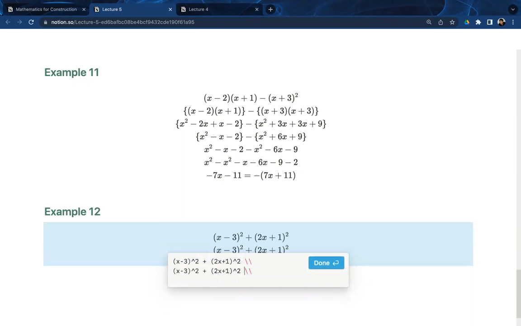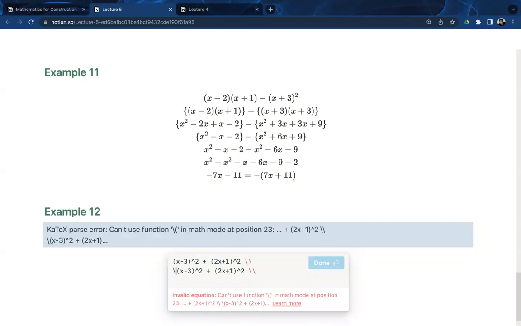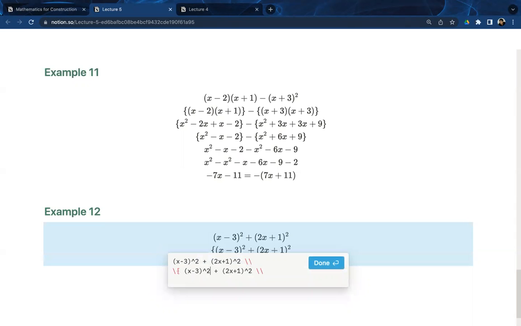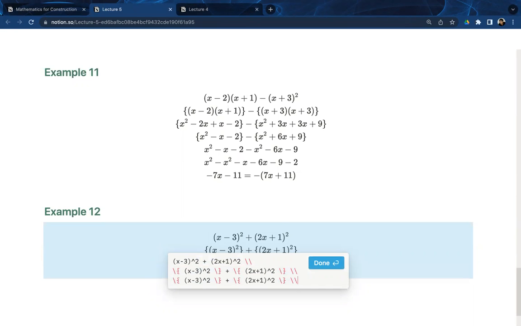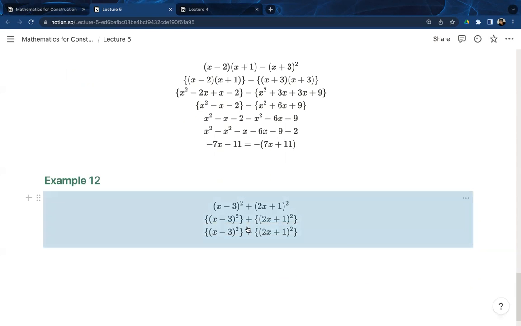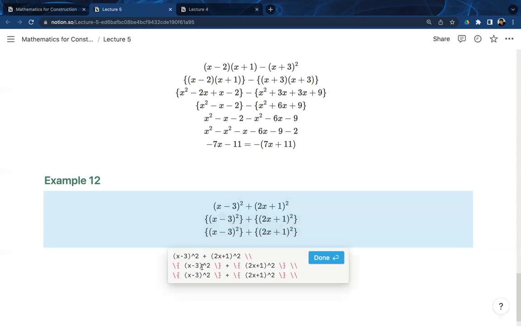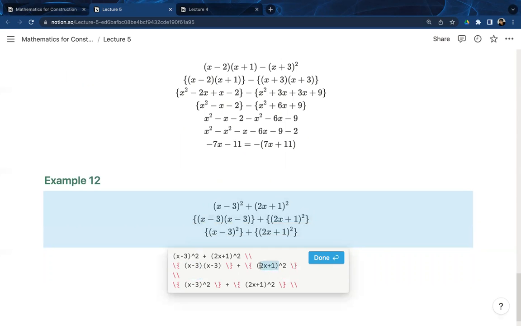So rewrite the question. And rewrite the brackets next to each other, because it might be easier to see.